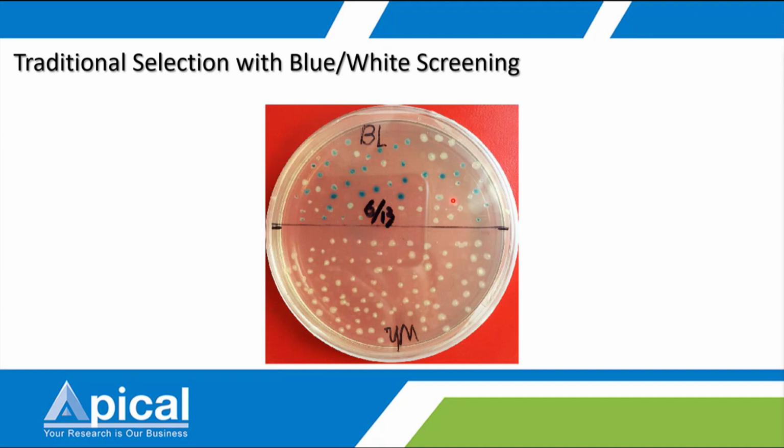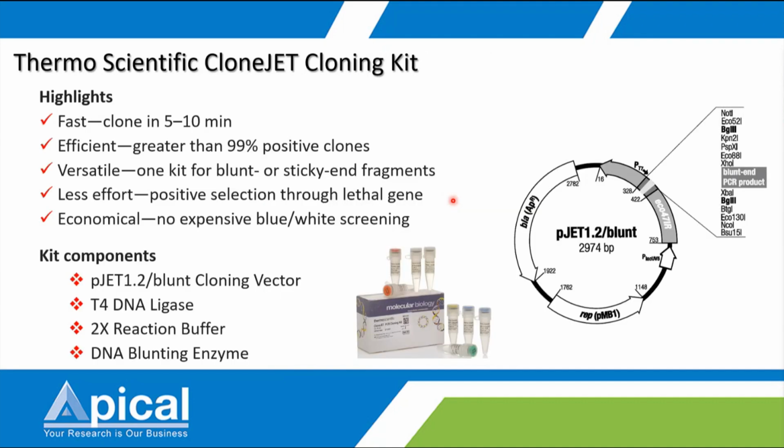Now with the Thermo Scientific CloneJET cloning kit, there will be no such problem of blue-white selection. This kit is quite user-friendly. It has all the components needed for cloning, including the vector, the pJET1.2 blunt vector, and the cloning can be performed within 5 to 10 minutes with at least 99% positive clones.